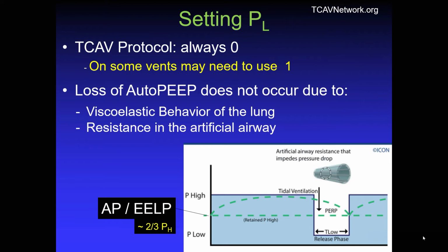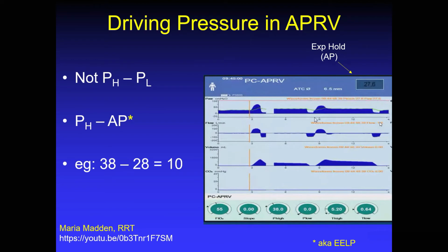And in most instances, the lowest pressure, or the end expiratory lung pressure, or the auto peak pressure, is somewhere between 1/3 and 2/3 of the P high. Now on the Drager vents they use at shock trauma, one can calculate this end expiratory lung pressure, or auto peak, with an expiratory hold maneuver as pictured here.